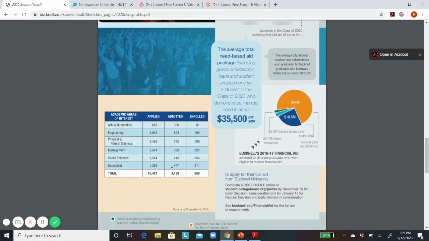And here is what we were talking about relative to major or specific career interest or academic interest. They have broken out here by interest, the number of students who have applied, the number who were admitted, and the number that were enrolled.